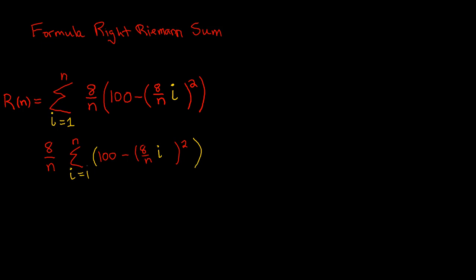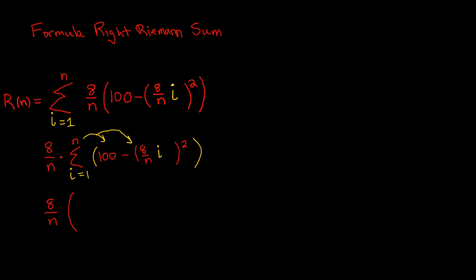So now if you remember, another property of sums is that the summation can distribute over addition and subtraction. So what we can do here is rewrite this as, we got the 8 over n in front, and then a big parenthesis, because this 8 over n is getting multiplied by everything.